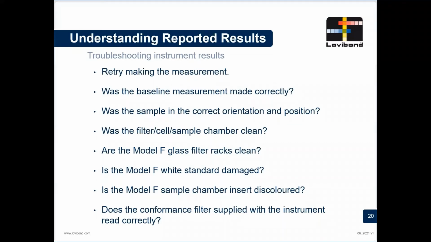Maybe I didn't shut the lid of the instrument while I was making the measurement, so I was getting other light affecting the measurement. Maybe I forgot to make a baseline measurement, or maybe the baseline measurement was done so long ago that I really should have done a new one before I measured the sample. Did I have the sample in the correct place within the instrument?